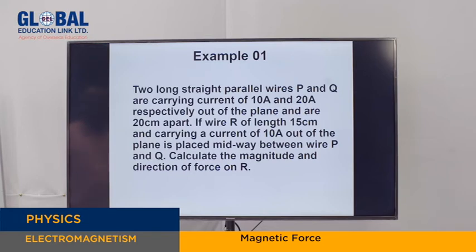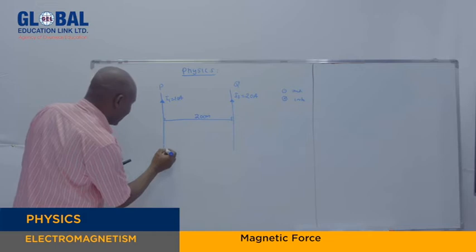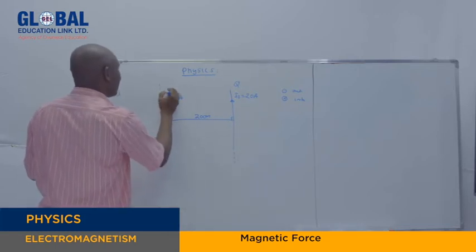So we have wires P and Q, currents I1 and I2, and the distance between the two is 20. Now the question says we have another wire, R, of length 15 centimeters. This time we have a specified length, but the lengths of these two wires are not known, so sometimes we extend them up like that.